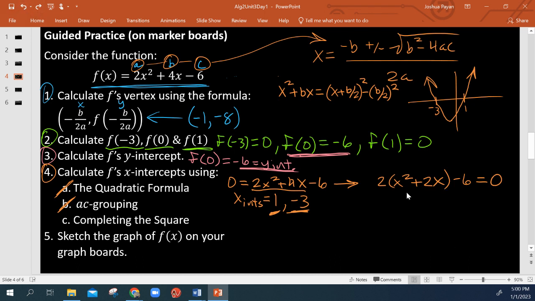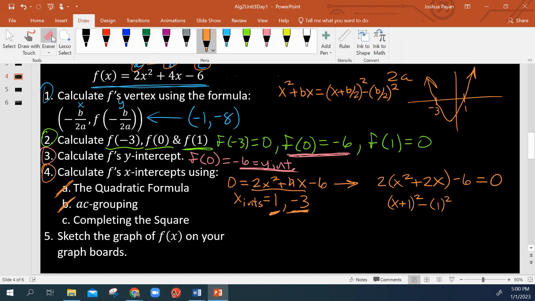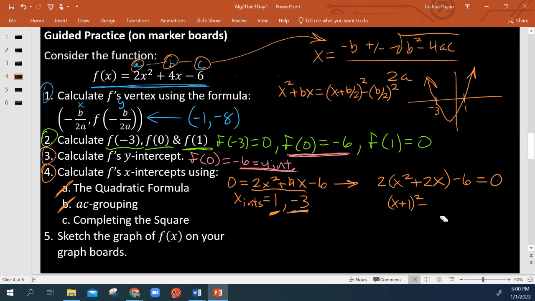Okay, so x plus half of b all squared, not plus, minus half of b, again, all squared itself. And that's kind of redundant. What's 1 squared? So that's just going to be 1. So minus 1.